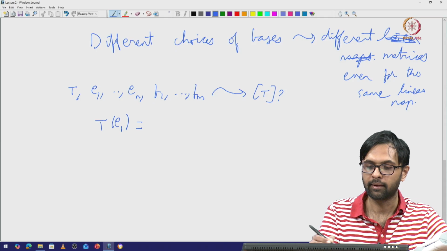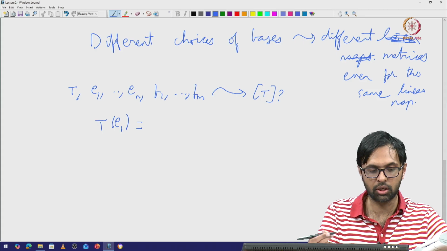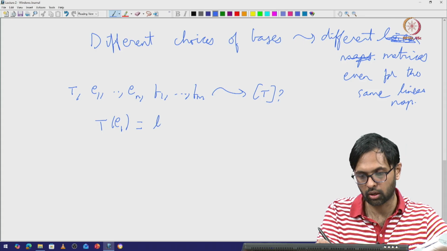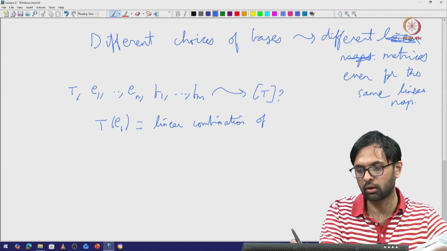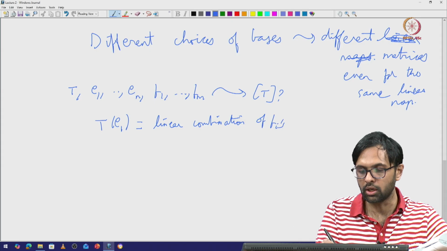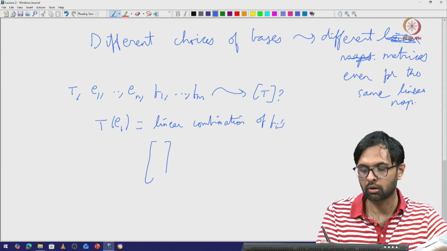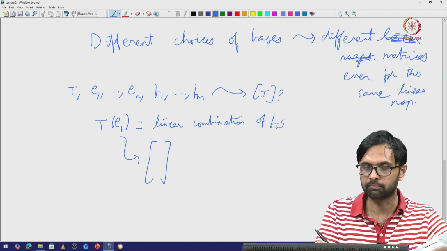Yeah. This is a linear combination of the Fis. You arrange the coefficients as a column vector.